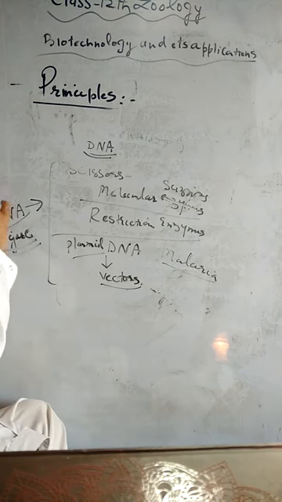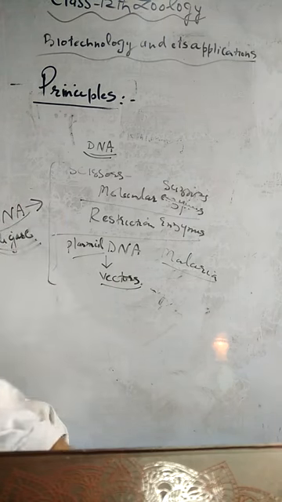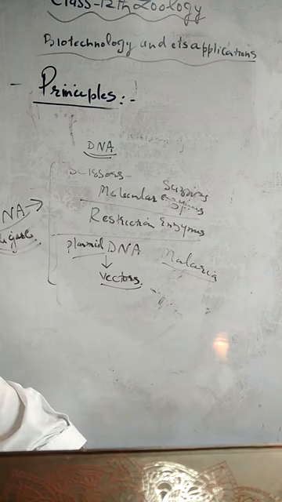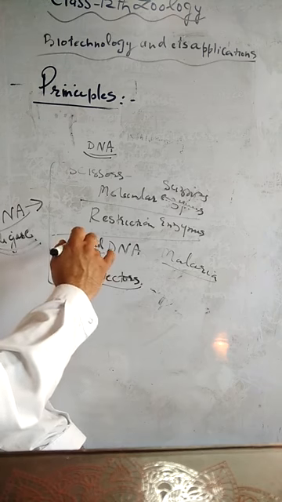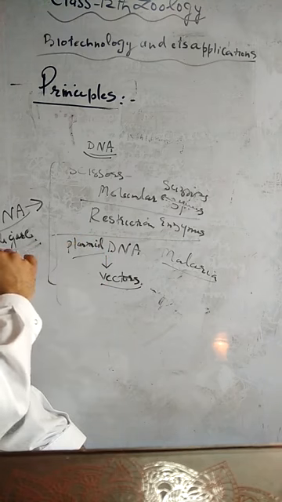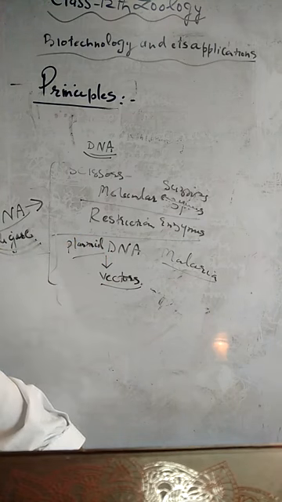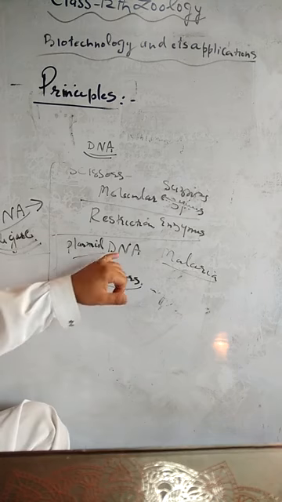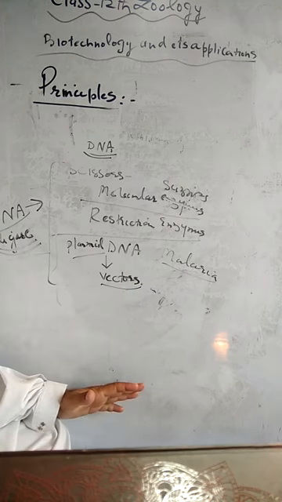So DNA ligase acts as a ligating factor for the combination of this alien piece of DNA into the plasmid DNA. This makes a new combination of circular, autonomously replicating DNA created in vitro, known as recombinant DNA. Whenever this alien piece of DNA combines with the plasmid DNA, it forms a recombinant DNA.